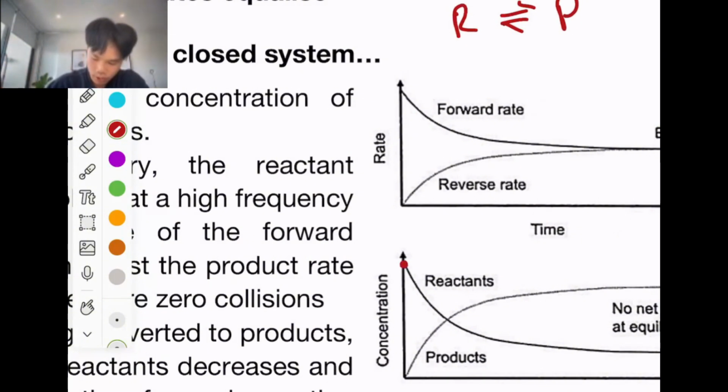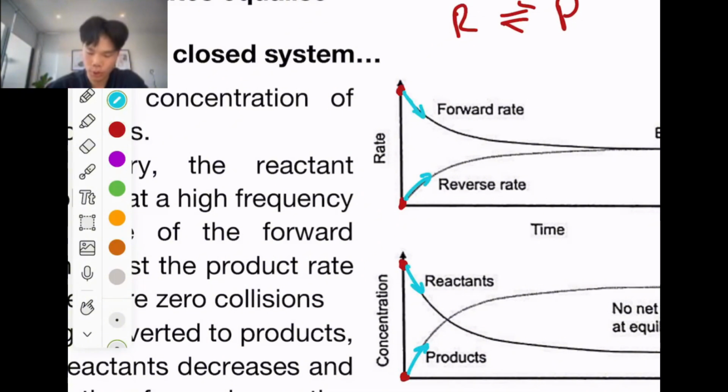When you start with a lot of reactants and zero products, your forward rate is going to be highest and your reverse rate is going to be lowest at 0. Because there's lots of reactants and the forward rate is proceeding, you're going to produce products over time whilst consuming reactants. In doing so, you've increased the rate of collision between products, and you're decreasing the rate of collision between reactants because you have less reactants.